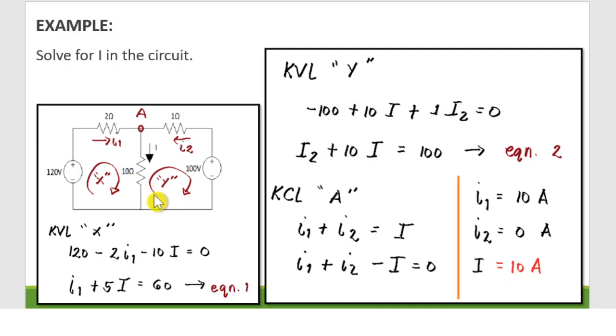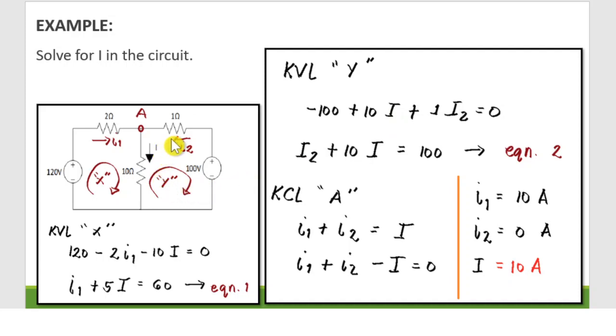Our loop Y is pointing upward, while our current I is pointing downward. That is of opposite sign. Therefore, that will be a positive 10I, or positive IR drop.